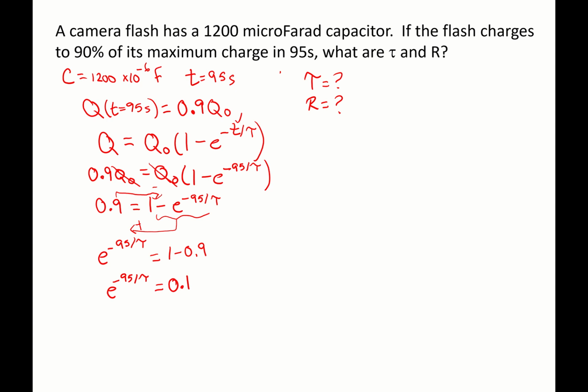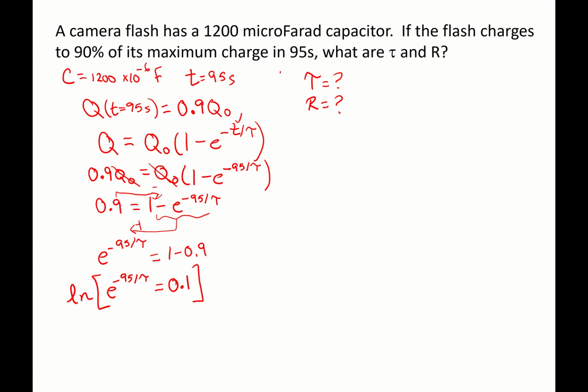All right, so I'm almost there. Now I need to get that tau out of the argument. How do I do that? I need to find the inverse function for the exponential, which is the natural log. So I take the natural log of both sides.